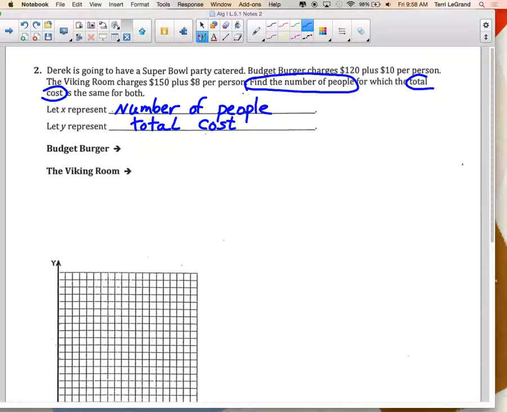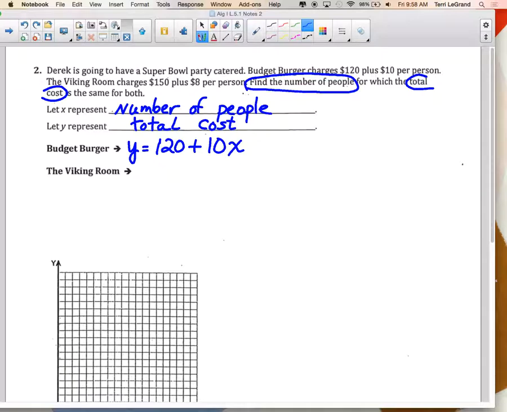Okay, Chase, would you share with me your equation for Budget Burger? Y equals 120 plus 10x. So Chase says Y equals 120 plus 10x. Anybody else have that equation?